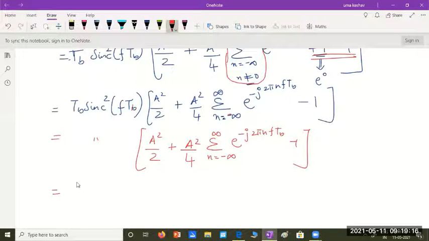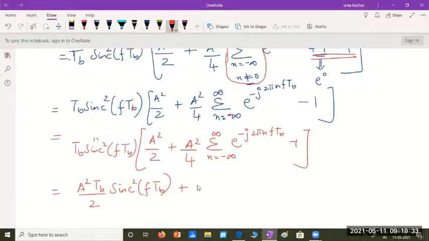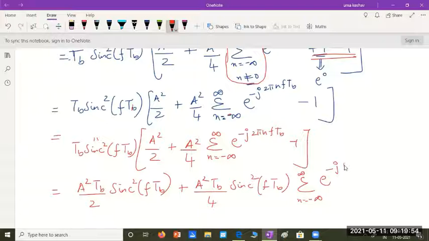Now if I multiply this term outside to the term inside, a square tb by 2 sinc square ftb. First term would be this outside, tb sinc square ftb plus a square tb by 4, this one, into sinc square ftb, correct? Summation n is equal to minus infinity to plus infinity e to the power of minus j 2 pi nf tb.